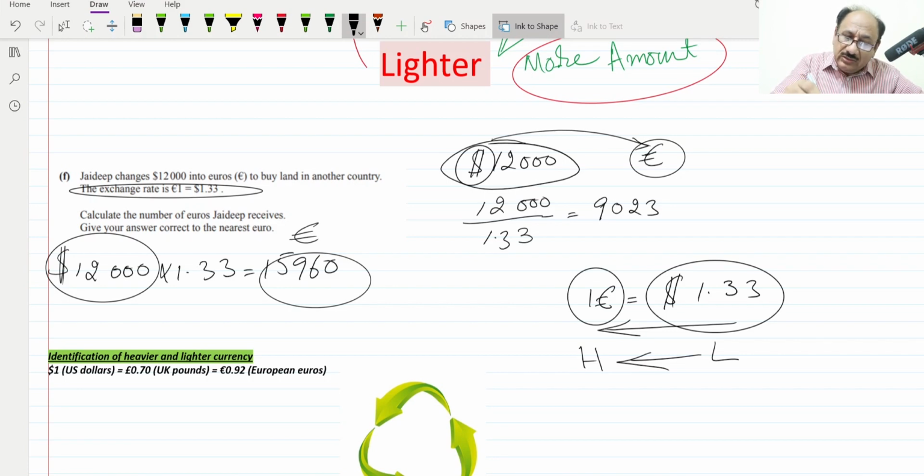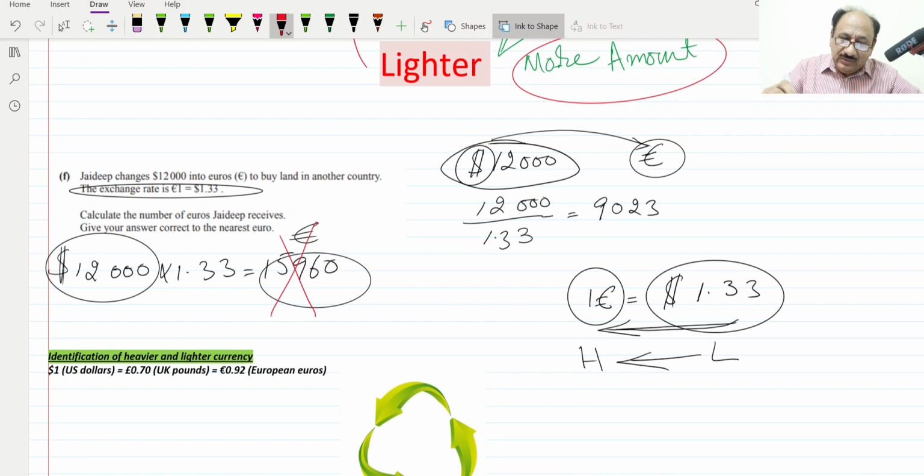Because see, 1 euro is converting into more dollars, or you can say more dollars in hand will result in fewer euros. So your answer should be less than 12,000. So in this case you can identify that whatever you have done is wrong, because you are getting more euros.